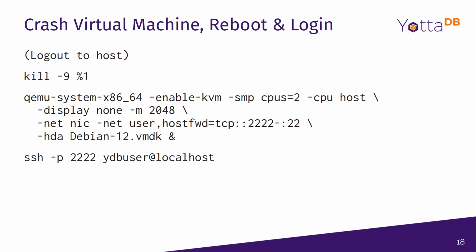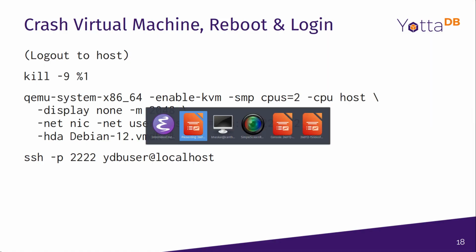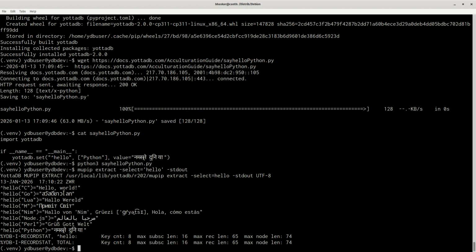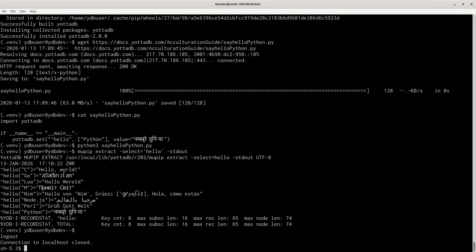Okay, so now let's crash the virtual machine, and then once it's crashed, we'll see how the database is recovered automatically. So this basically requires that I log out to the host, and in the host, I will kill the virtual machine with the kill -9, which is basically like a crash.